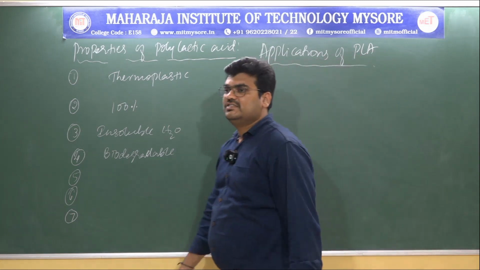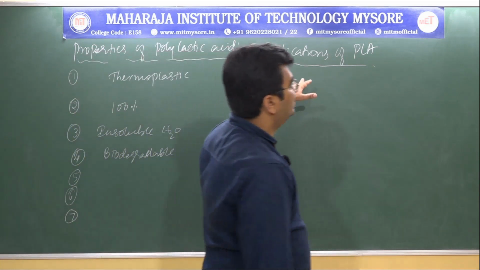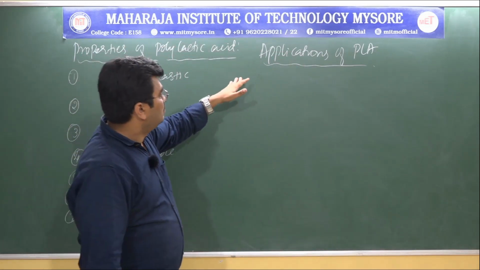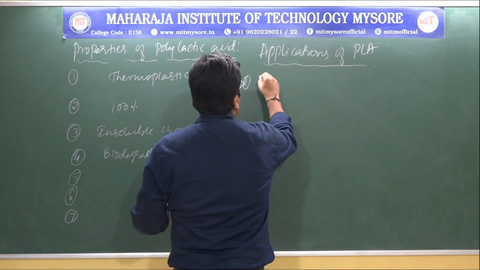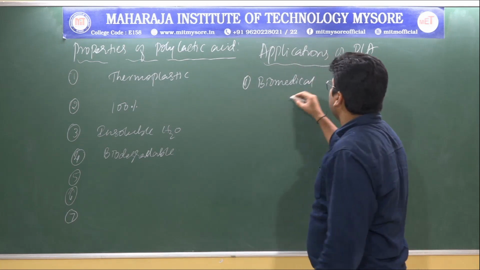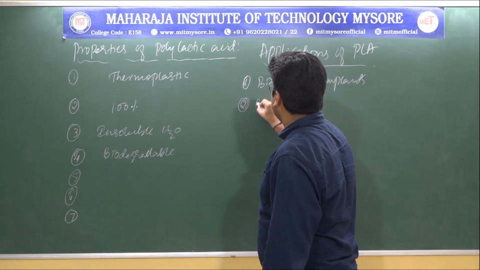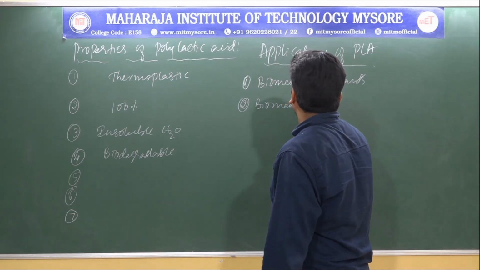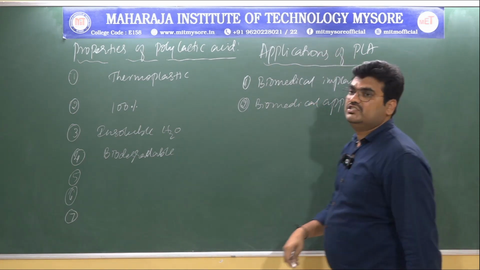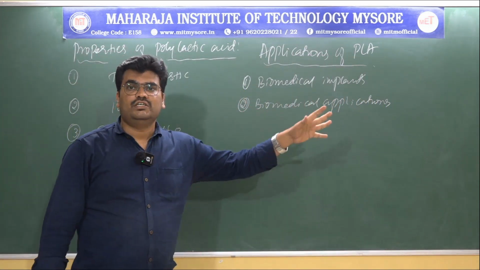Polylactic acids are used in biomedical implants, in the form of plates, screws, rods, etc. In the field of biomedical applications, polylactic acid also finds applications in sutures, stents, dialysis media, and in drug delivery devices, right?